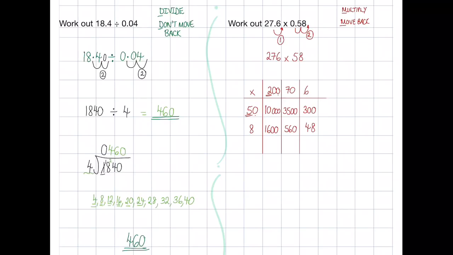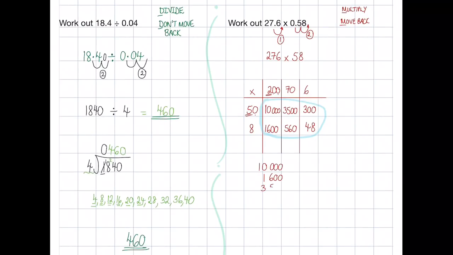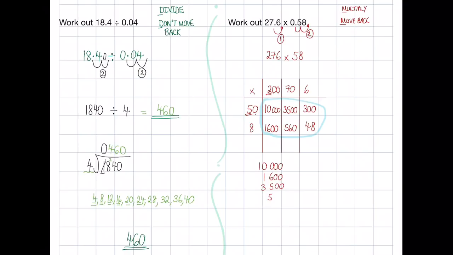And then at this stage I just add all of the numbers together which are in my grid, so I'm just going to circle it so you know where the focus is, and I'll write 10,000, add 1,600, add 3,500, add 560, add 348, so I can just merge those two, 3, 4, 8. Be careful of doing that in the exam though.